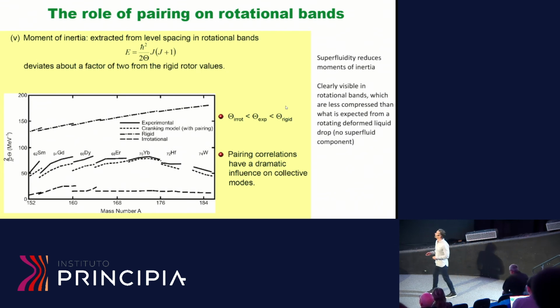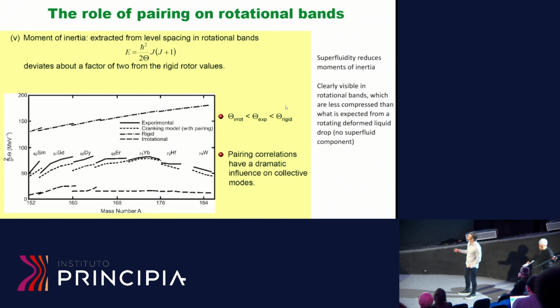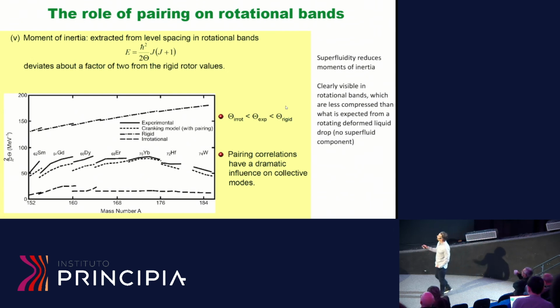We know that pairing has a tremendous impact on the rotational or collective structure of nuclei. This is shown here for heavy deformed nuclei. You have this rigid rotor limit here, and if you compare with experiment, where you extract the moment of inertia, you see it is about a factor of 2 smaller than expected from this rigid rotor model.